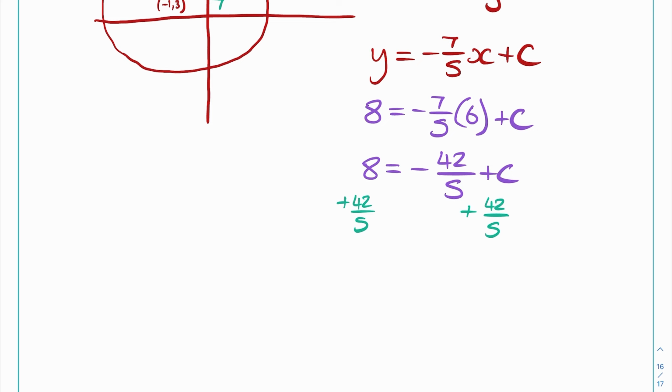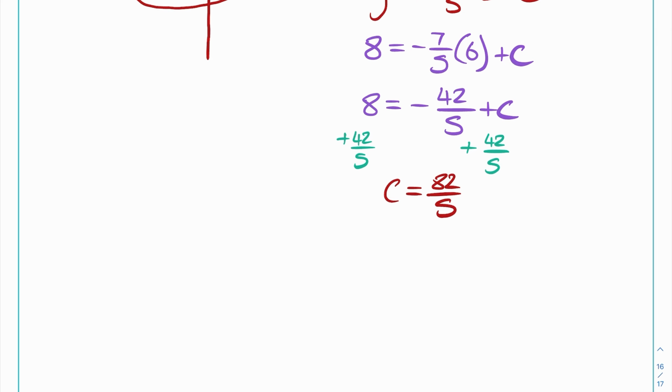So we can do 8 add 42 over 5 on the calculator, and we get 82 over 5, or we could write that as 16.4. I'm going to write it as 82 over 5, as I always like to leave this in fractions. So c is equal to 82 over 5. There we go.